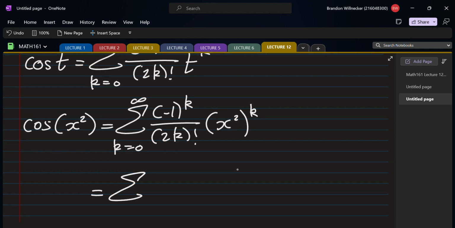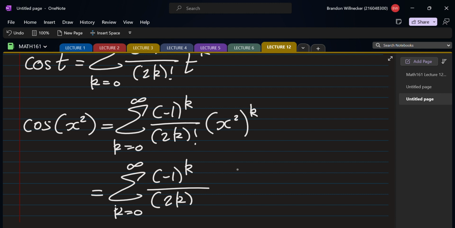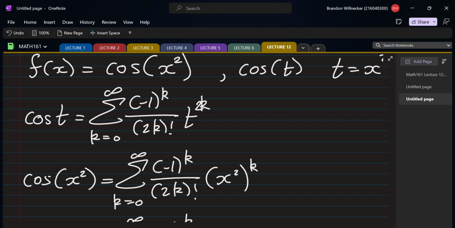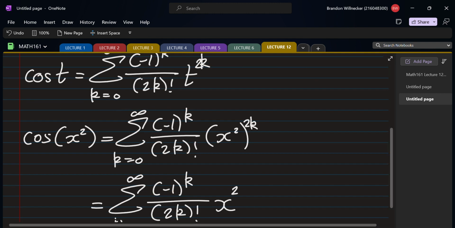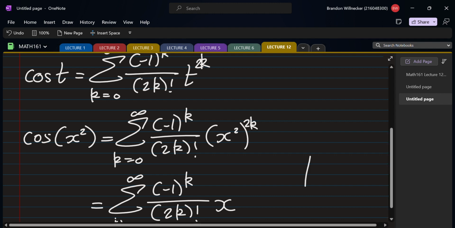So this will be the sum from k equals 0 to infinity minus 1 to the k over 2k factorial x to the 4k.